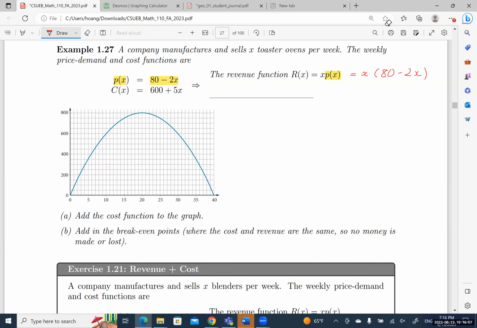When I simplify this, I get 80x minus 2x squared.